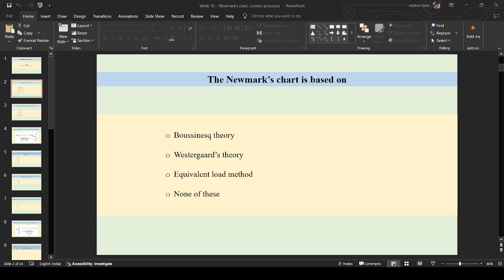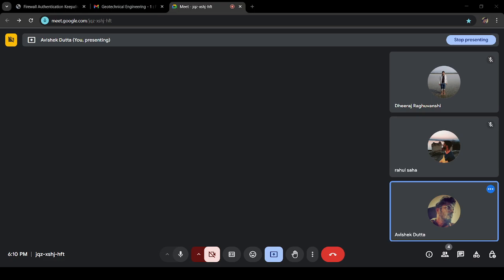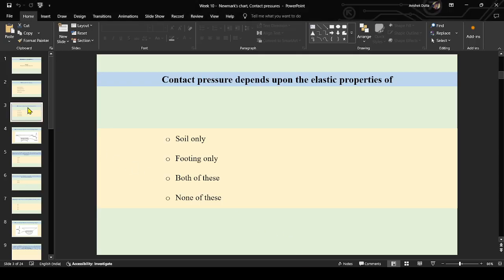Next question. Contact pressure depends upon the elastic properties of. First option, soil only. Second option, footing only. Footing means foundation. Third option, both of these. And last option, none of these.